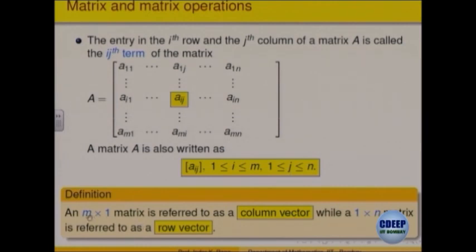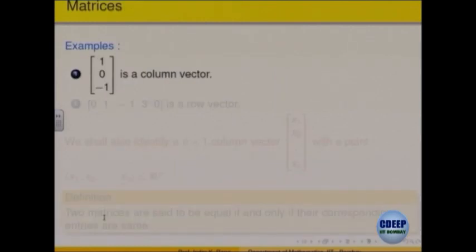If the matrix has m rows and one column, it looks like a vertical thing, so it is called a column vector. Similarly, if it is 1 cross n, then it is called a row vector. So, for example, this is a column vector and this is a row vector.